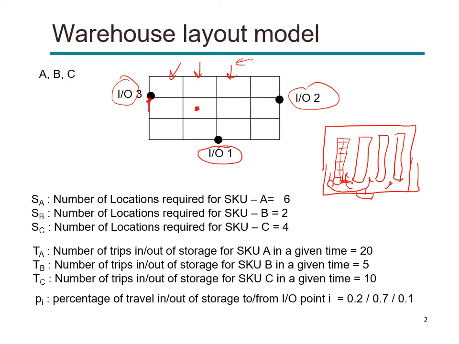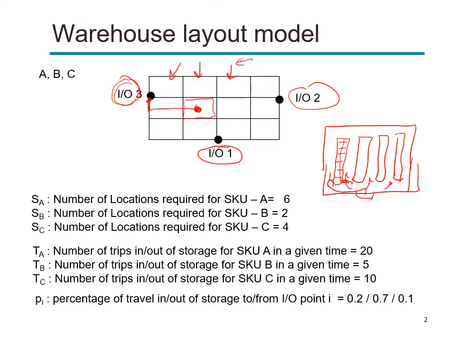So we can go in this way and then in this way. And we will assume that the distance of each storage address to each dock is from the center of the address, center of the grid.